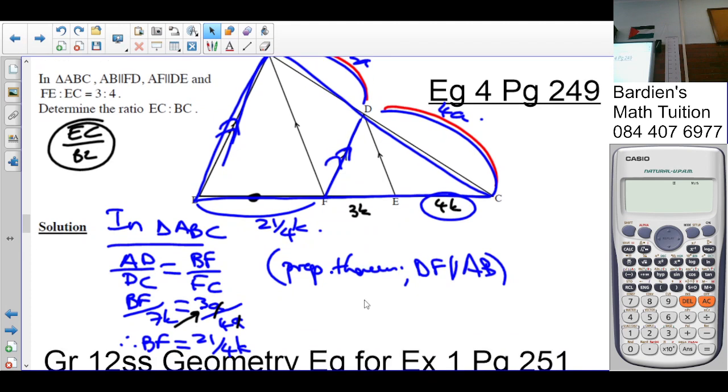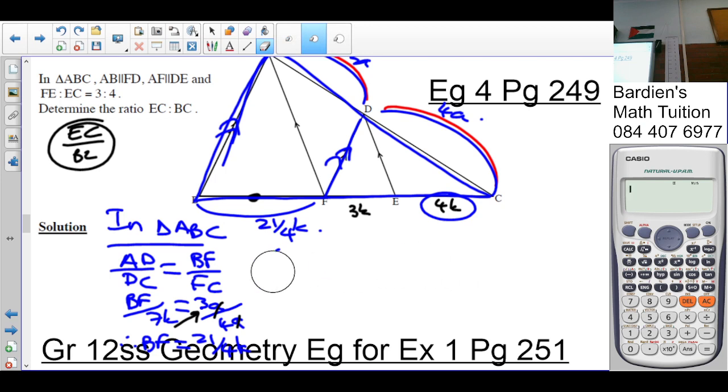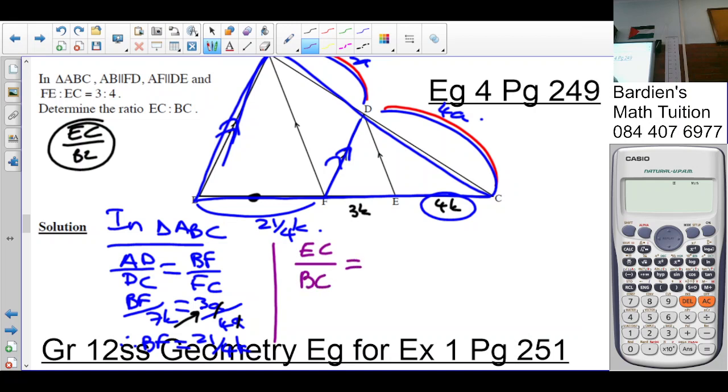Now coming back to the question, the question was to find EC over BC. So EC is 4K, which is this here, over BC, which is the whole length. So it's going to be 4K over 4K plus 3K plus 21 over 4K.